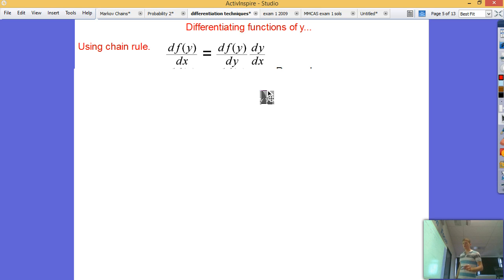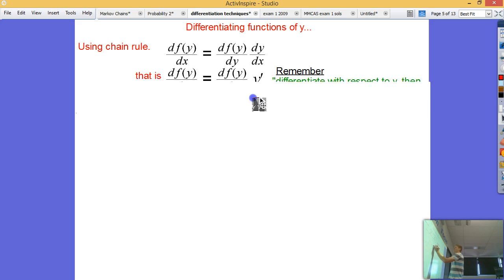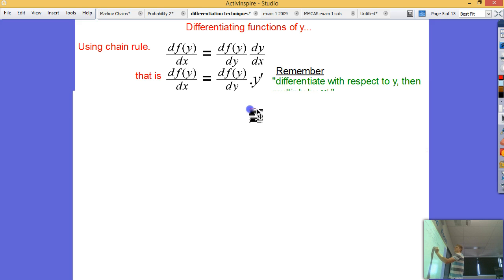We're going to use a y dash instead. Okay, so that is done in a simple way like that. Okay, so it's a little thing to remember. You can say, well, when we've got a term with a y in it, and we differentiate with respect to y, then we just multiply by y dash at the end.